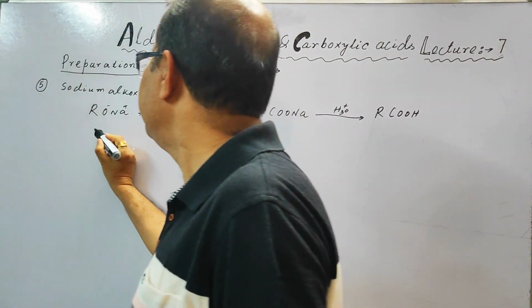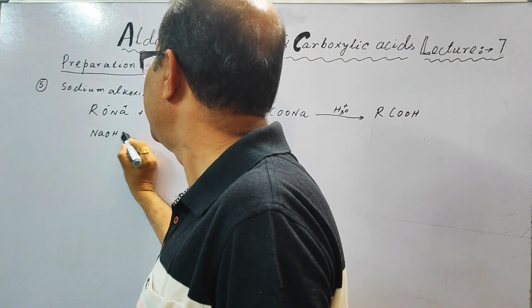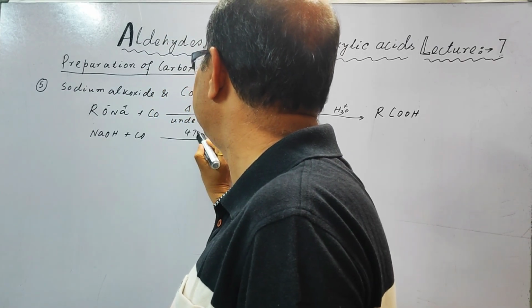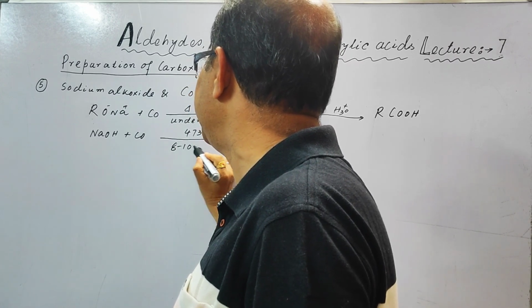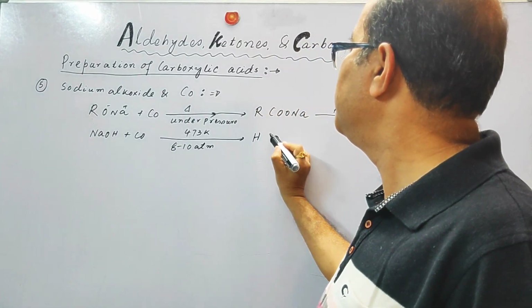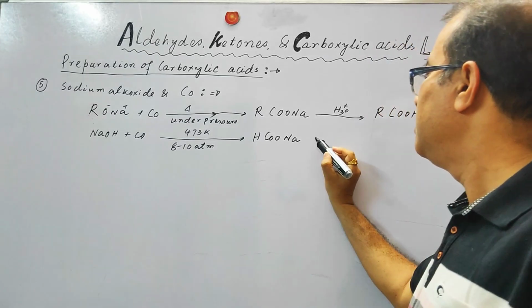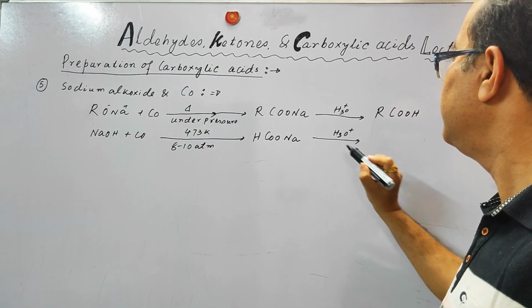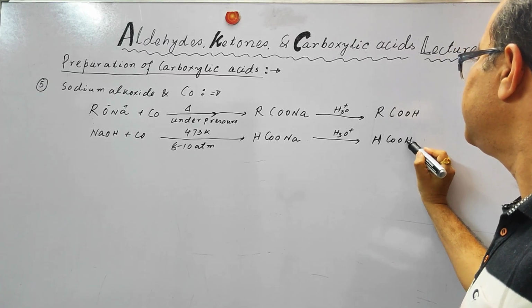At that time, we take NaOH and carbon monoxide, the temperature is kept at 473 Kelvin, and the pressure at 8 to 10 atmospheres. In the same way we get the salt, sodium formate, and again there is hydrolysis, and it is going to produce formic acid.